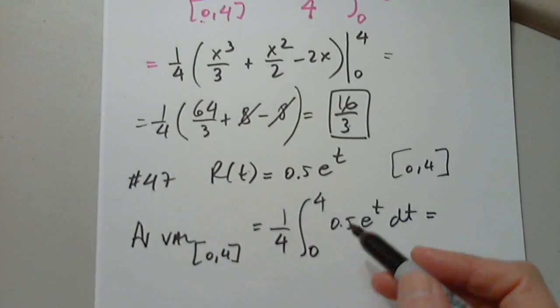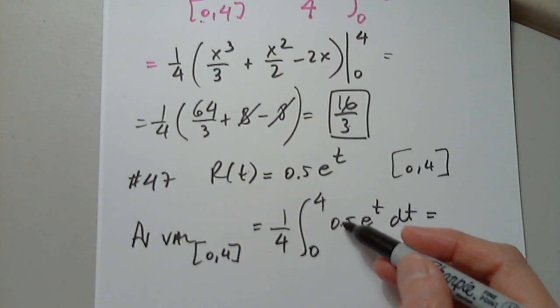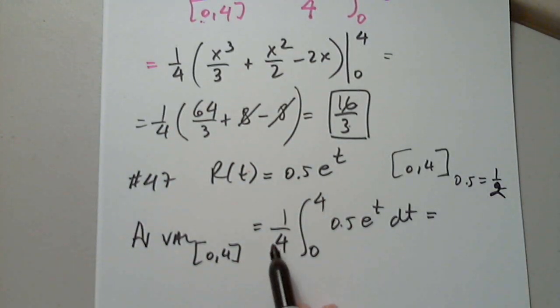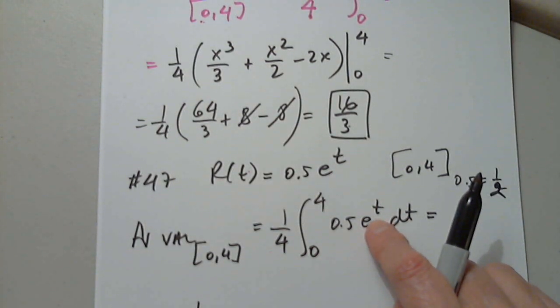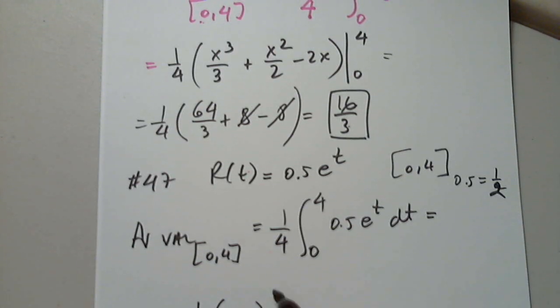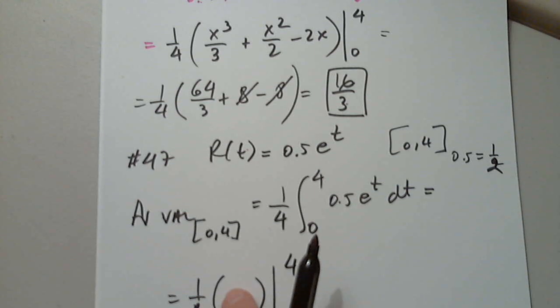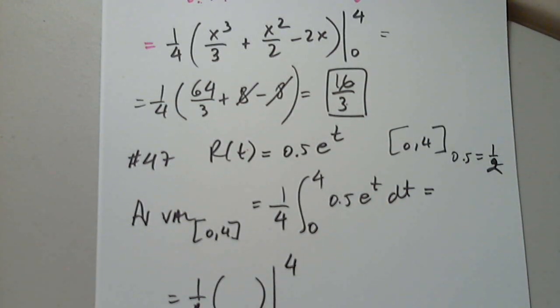Okay, I'll take 0.5, which is 1/2. So 1/2 times 1/4 will be 1 over 8. Now, which function's derivative will give us e to the t? And then I will evaluate it from 0 to 4. Which function do I differentiate to get e to the t?